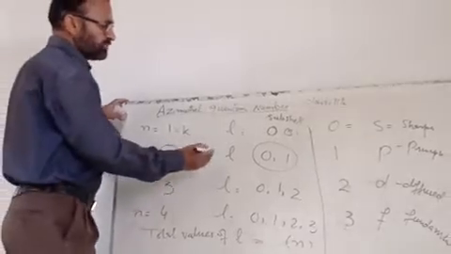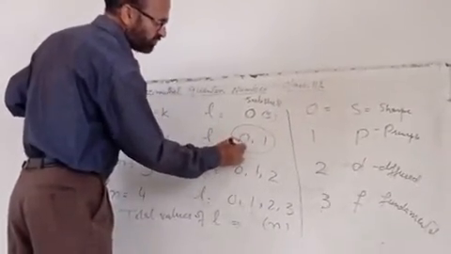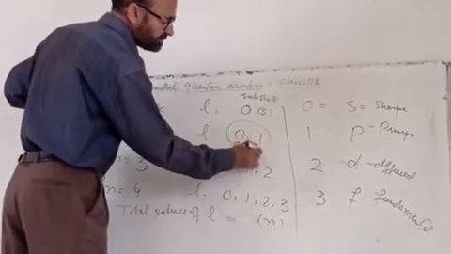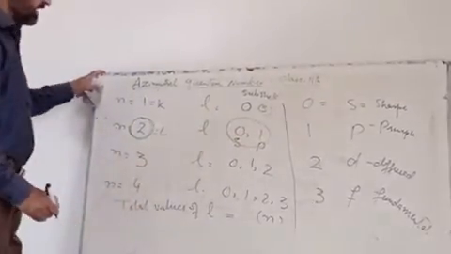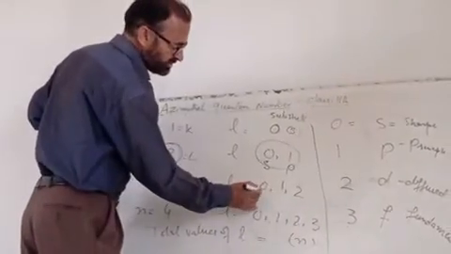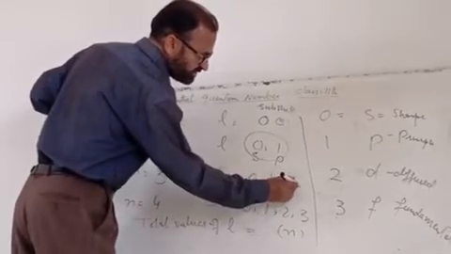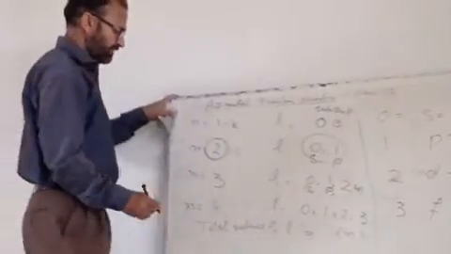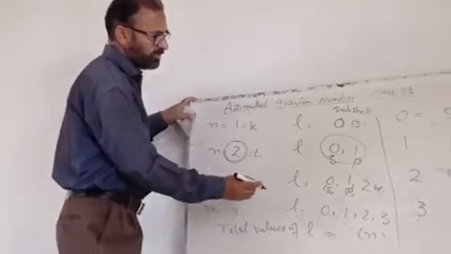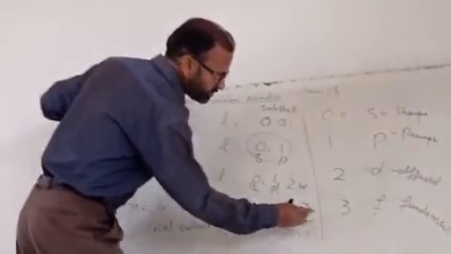There are two values, so there are two subshells: 0 is the s subshell, 1 is the p subshell. With l equal to 2, there are three values, so there are three subshells: s, p, and d. And when l is equal to 3, there are four values: s, p, d, and f, and so on.